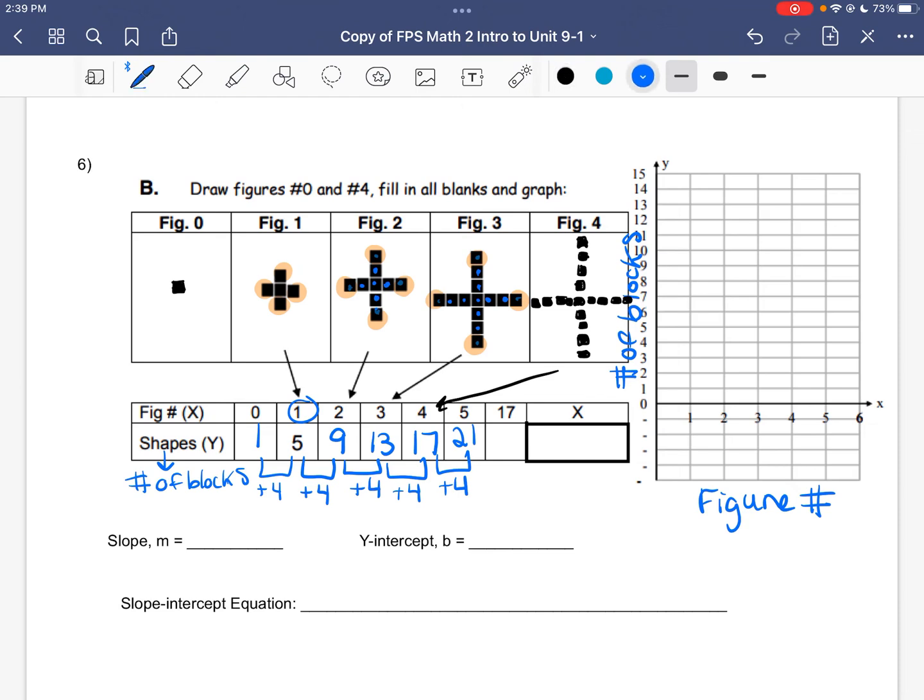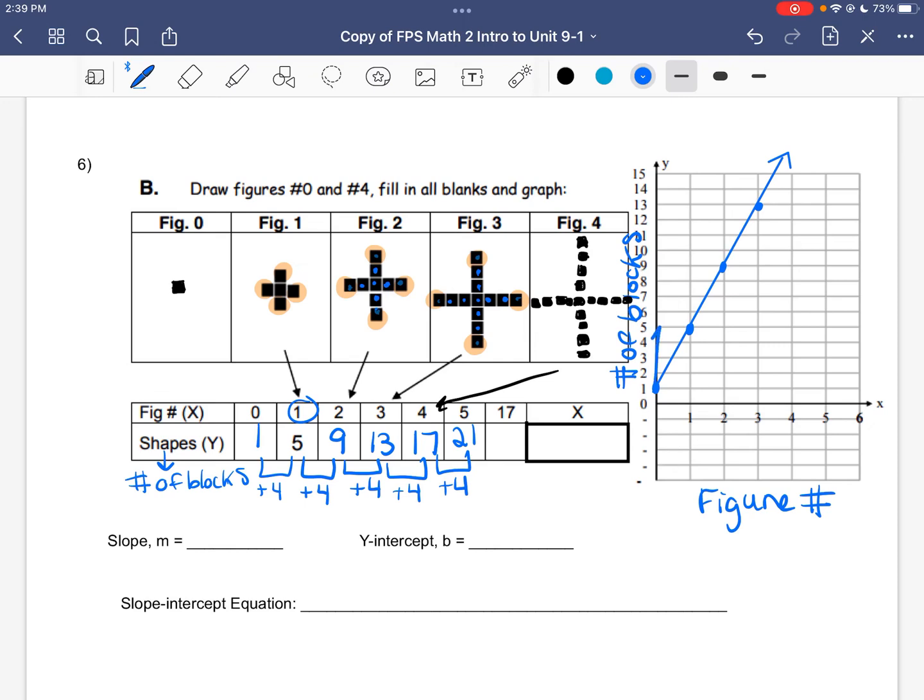So now what we want to do is still find the slope. Well, maybe let's plot our points first. So 0, 1, 1, 5, 2, 9, 3, 13, and then it looks like I go off the graph, which is totally okay, because that pattern continues, so I can use an arrow.